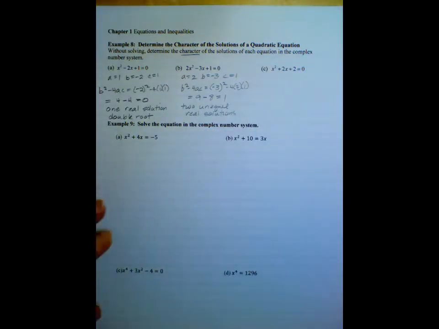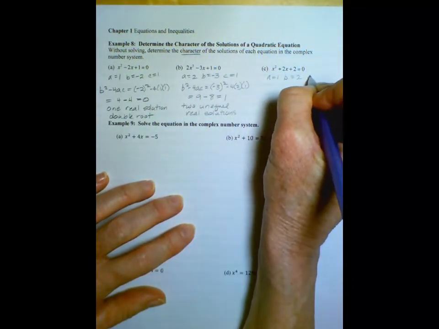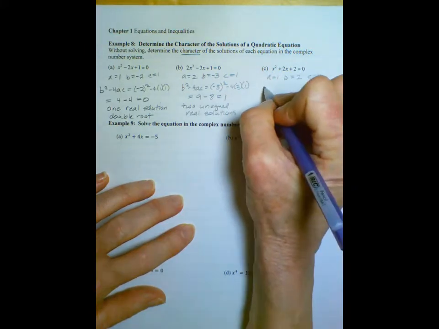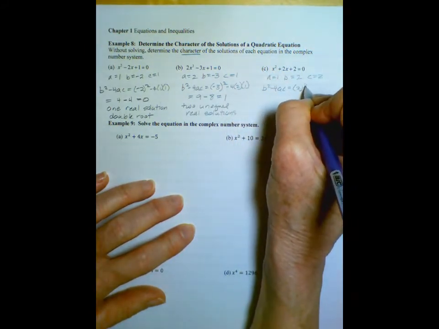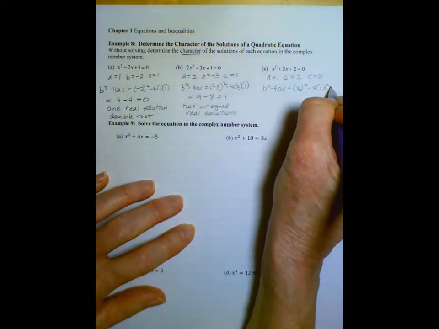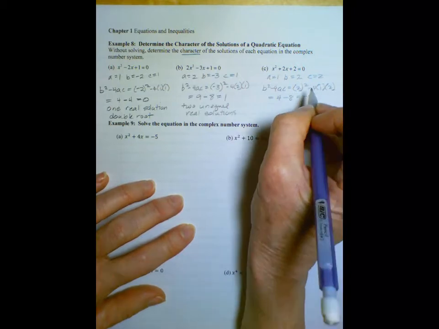Okay, and then the last one, a is 1, b is 2, and c is 2. So b squared minus 4ac is 2 squared minus 4 times 1 times 2, or 4 minus 8, or -4. And what do we say?